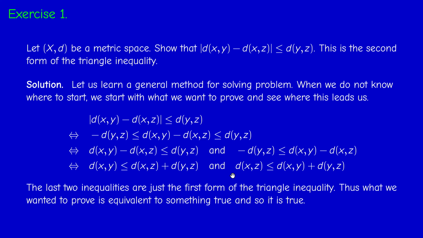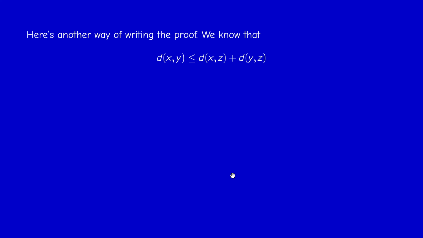Now, there's another way to write the proof. We start with the usual triangle inequality, and we subtract d(x,z). So we get d(x,y) minus d(x,z) less than or equal to d(y,z). Now, x, y and z are arbitrary.